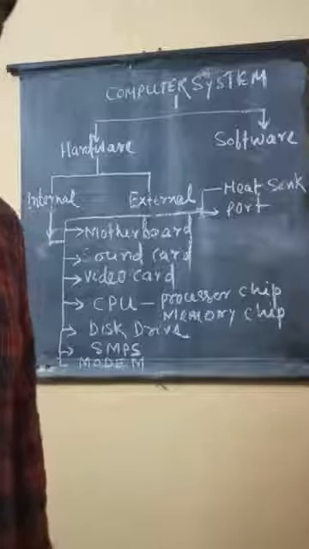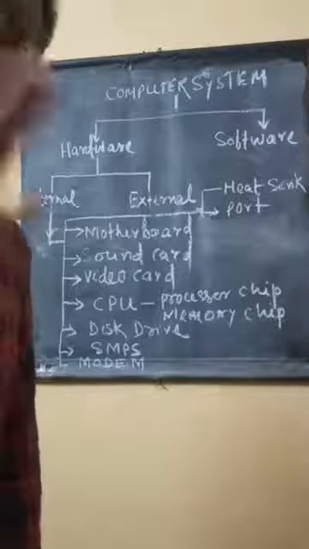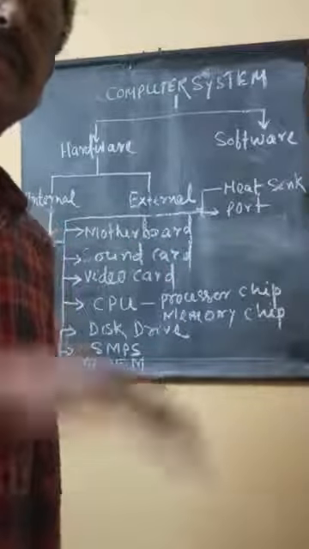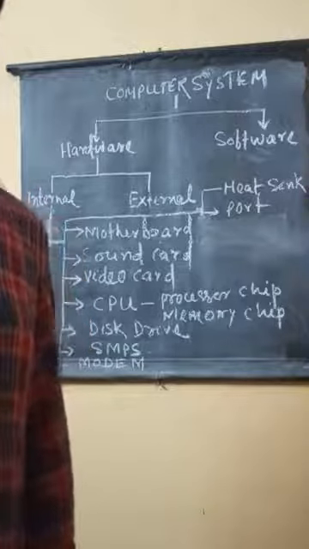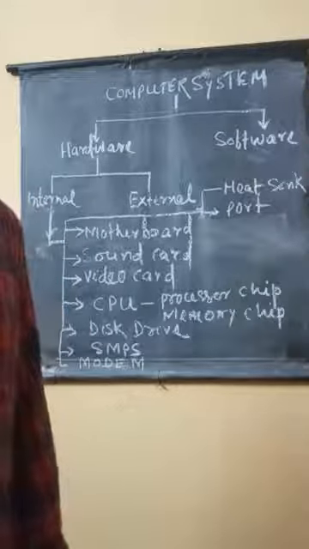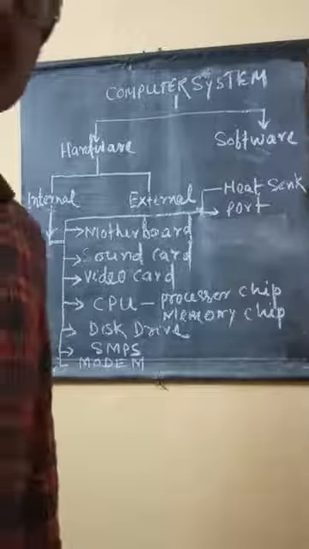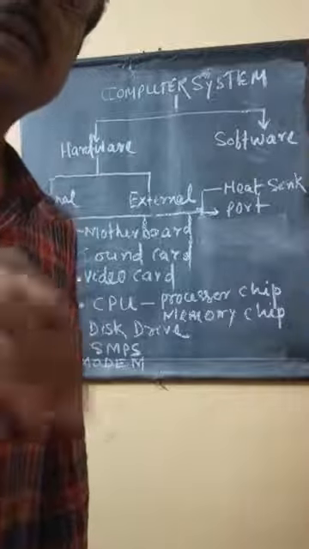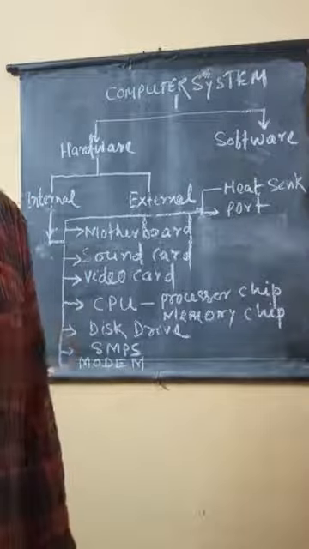After receiving, it will send it to the sound card, and the sound card will convert it into a digital signal. Then it will send it to your memory unit, where it can be stored. Analog signal cannot be stored directly in the memory, so the sound card converts it into digital form.